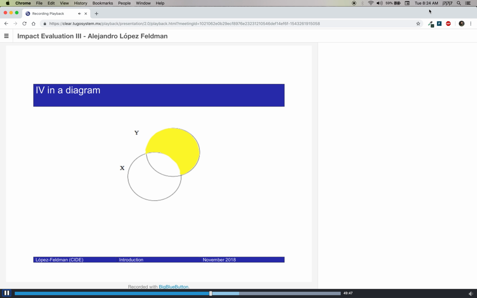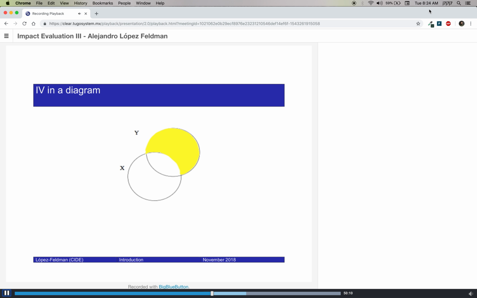So remember that my objective is to have a regression where I can use the x variable to explain the y variable. And this error area, the yellow area, includes the error. So here I use the common information between x and y to obtain the effect of x on y, or beta 2, and it works.